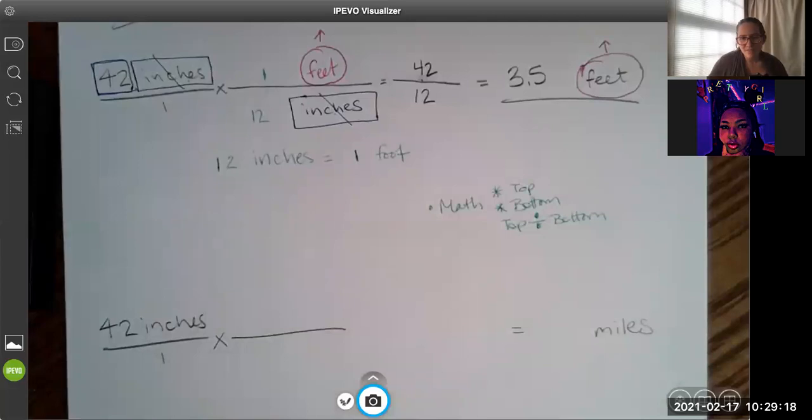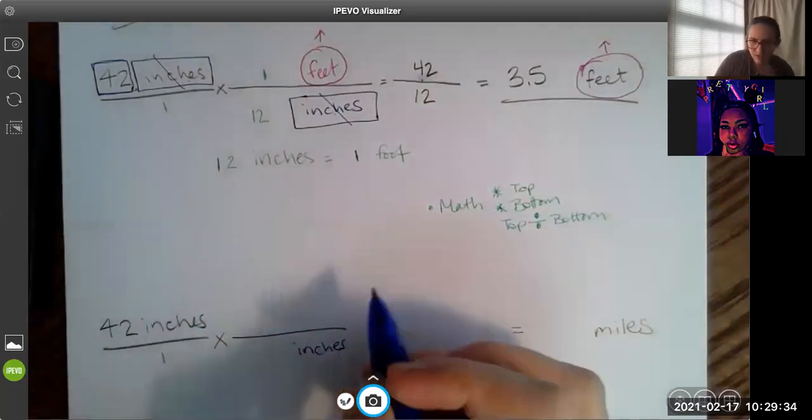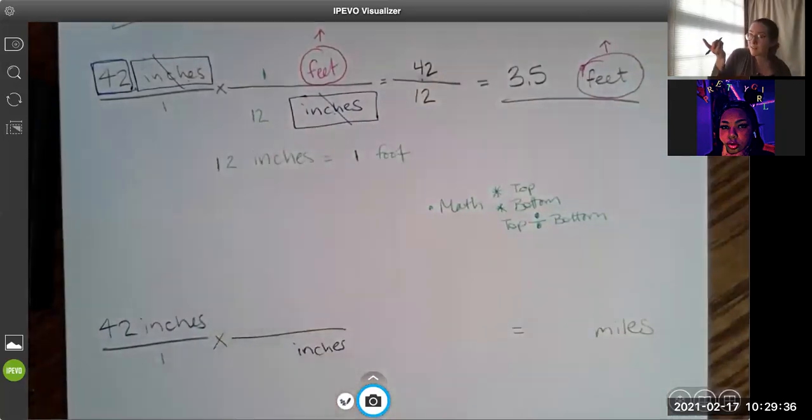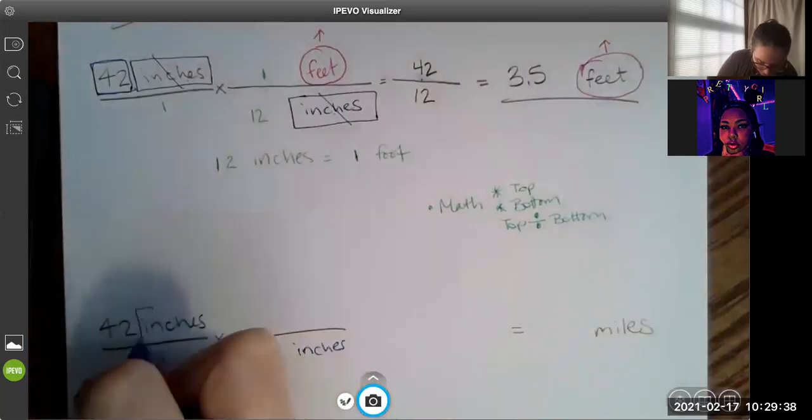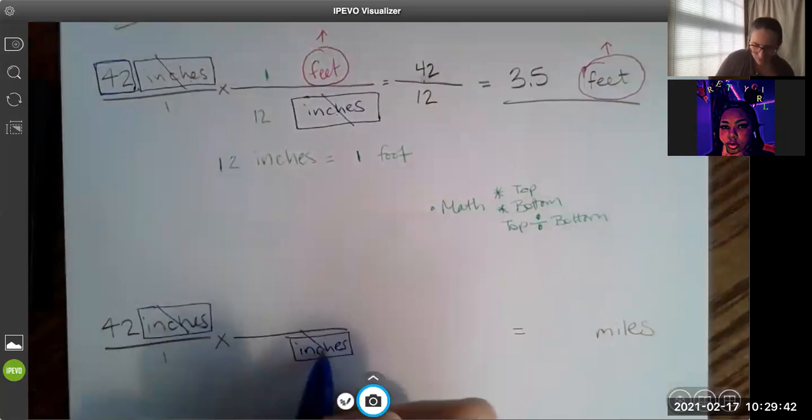Okay, so 4 feet and 2 inches goes on the bottom. Yes. Great. How did you know that? Because it was same as the last problem. Same as the last one. Started on top. We want to cancel it out, so it's going to go to the bottom.